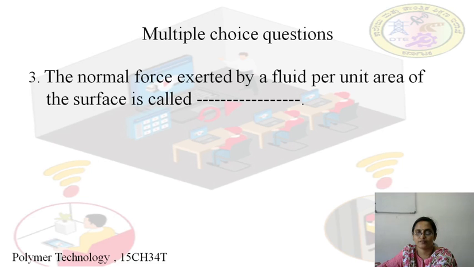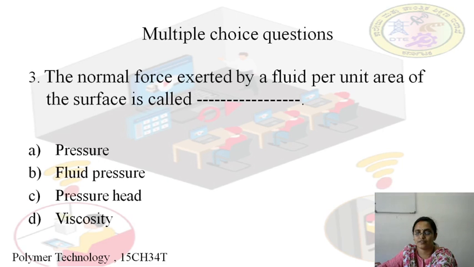And the third one, the normal force exerted by a fluid per unit area of surface is called dash. Pressure, fluid pressure, pressure head, viscosity. Answer is fluid pressure.